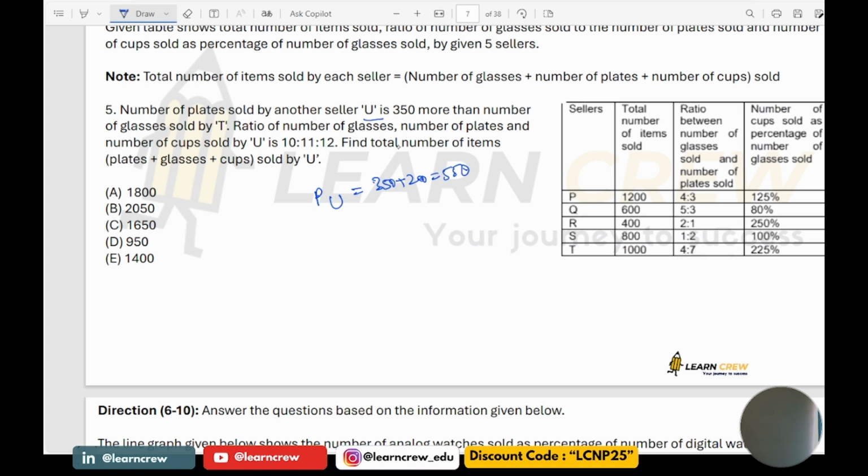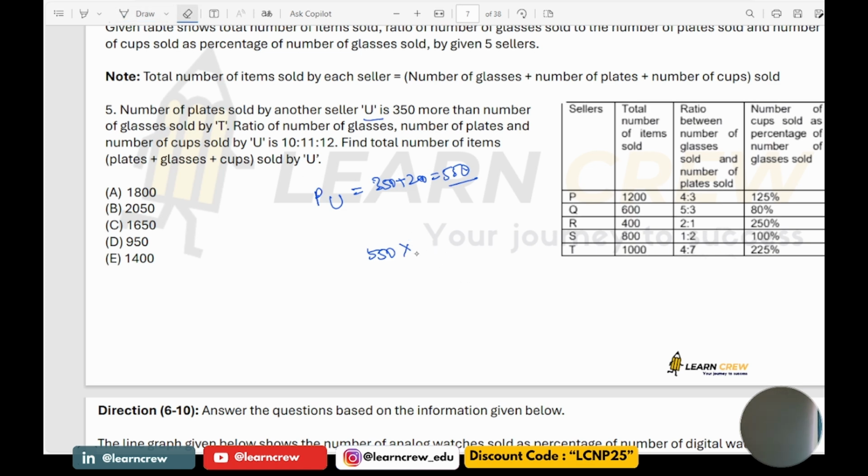Out of 33 parts, find the number of items sold by U. The plates total is 550, so 550 into 33 by 11... it is nothing but 33 by 50. Am I correct?